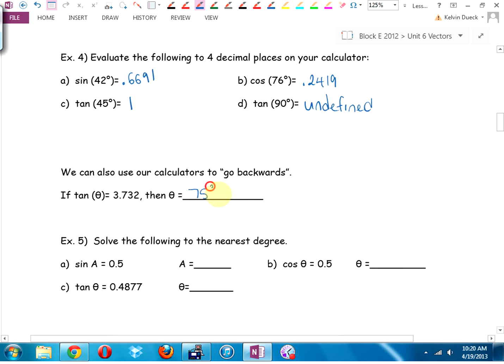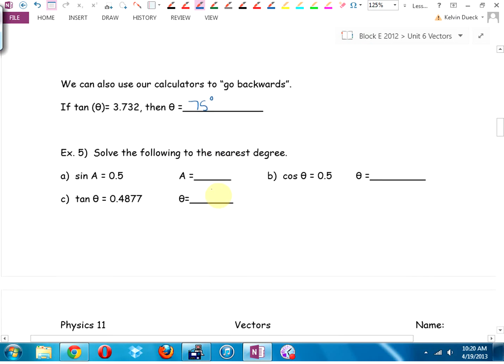So, going backwards, if I tell you, solve the following to the nearest degree. If I tell you the sine of A is 0.5, tell me what angle A is. If I tell you the cosine of theta is 0.5, tell me what theta is. And if I tell you the tangent of theta is 0.4877, tell me what theta is. I know this one.